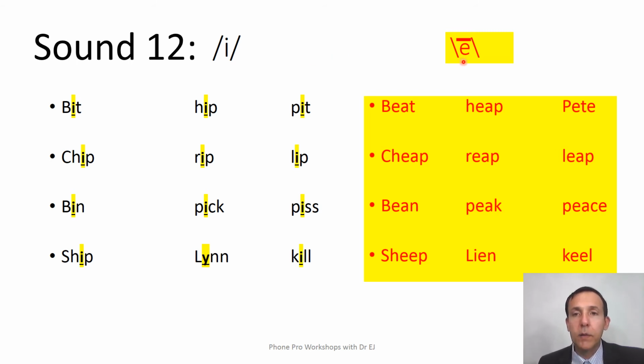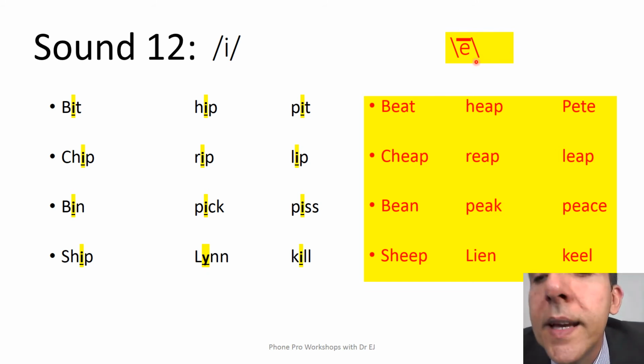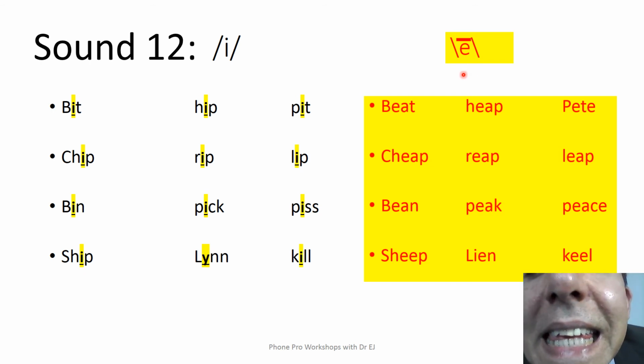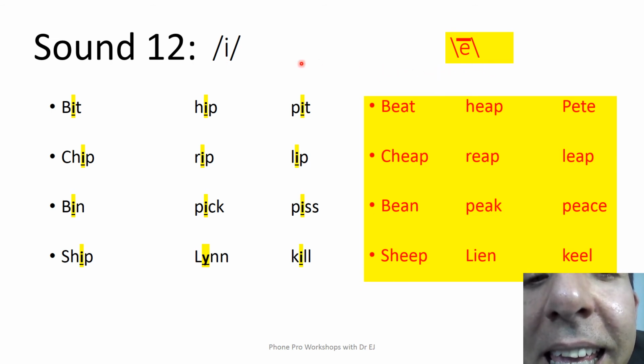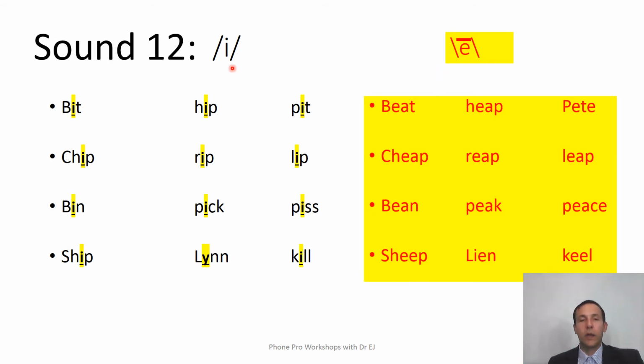I'm sorry, of the throat. And with this one, the tongue moves to the front of the mouth. Hopefully you were able to see it, but if you didn't, all you have to do is move the tongue backwards with this one and then bring it to the front with this one.